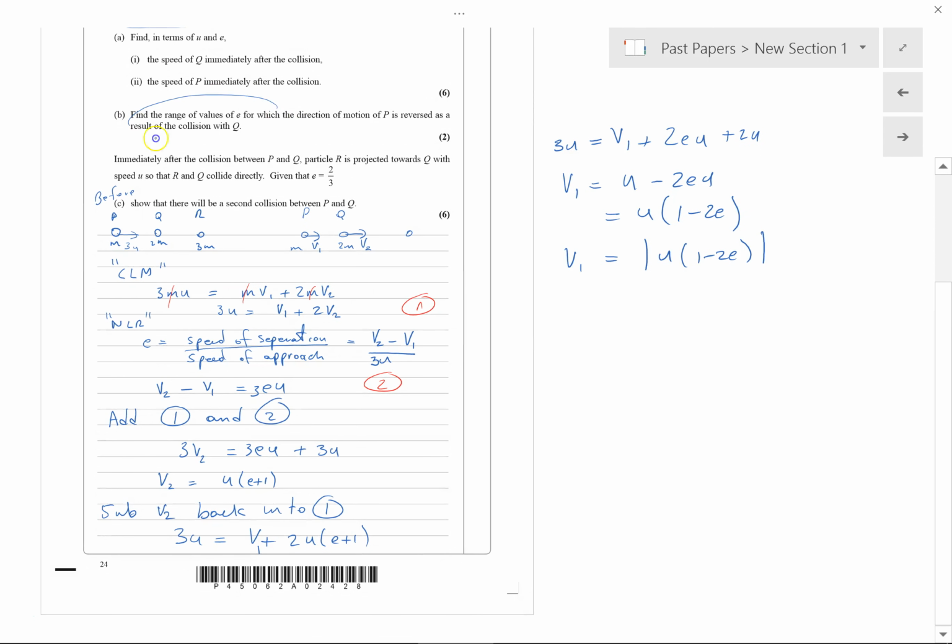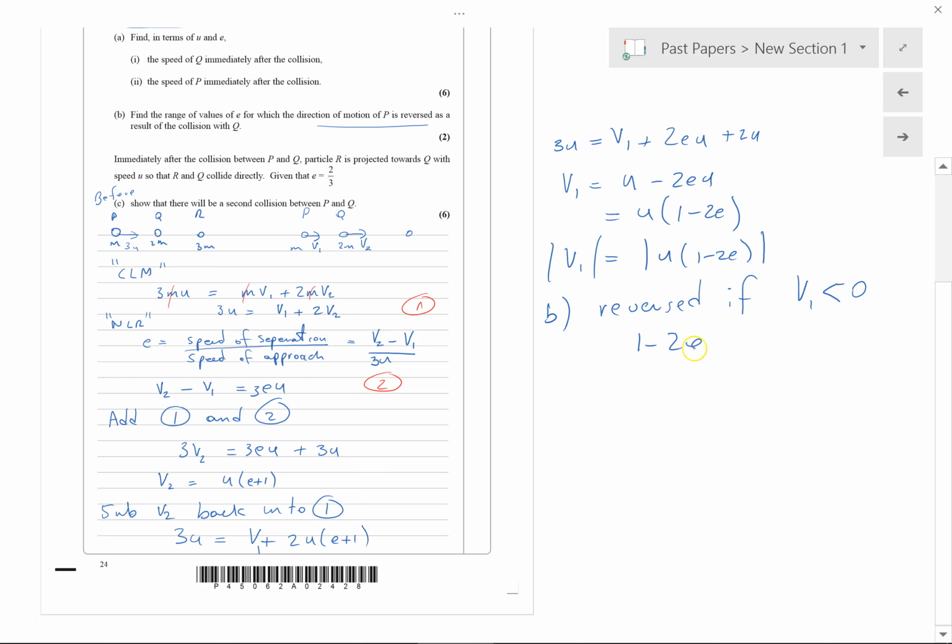Find the range of values of E for which the direction of P is reversed. I've almost preempted this question. So it's reversed if V1 is less than 0. Okay, so that's 1 minus 2e.